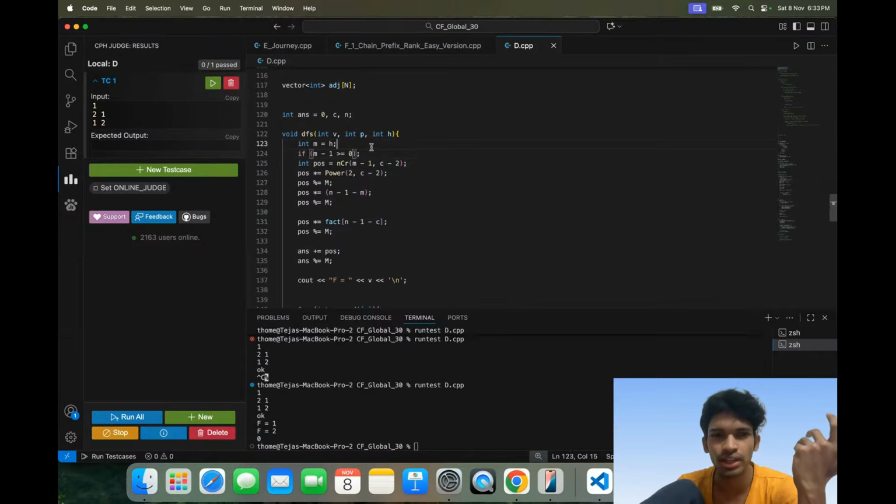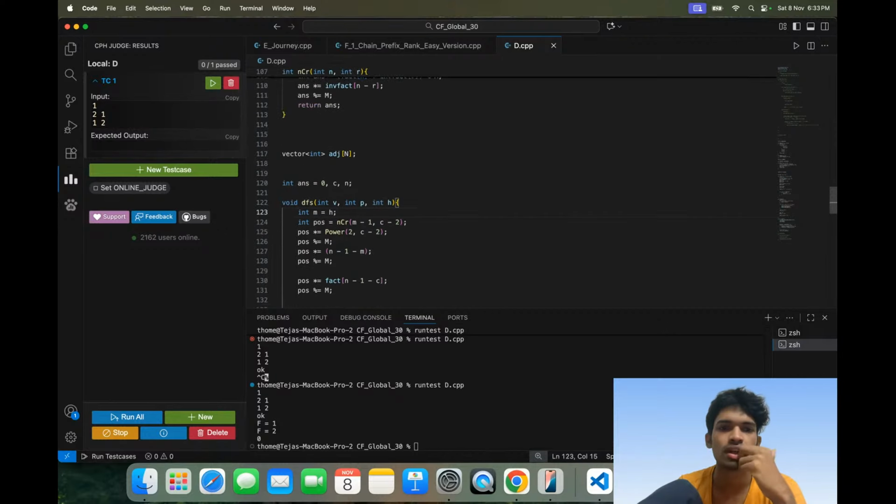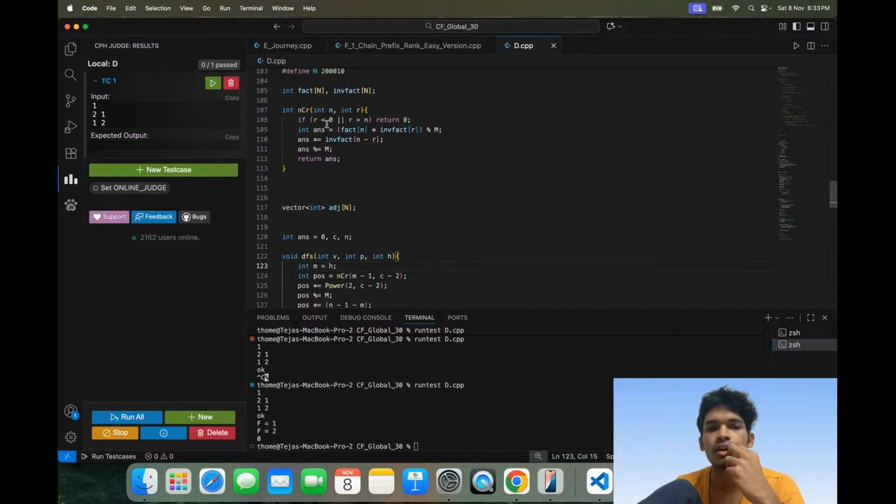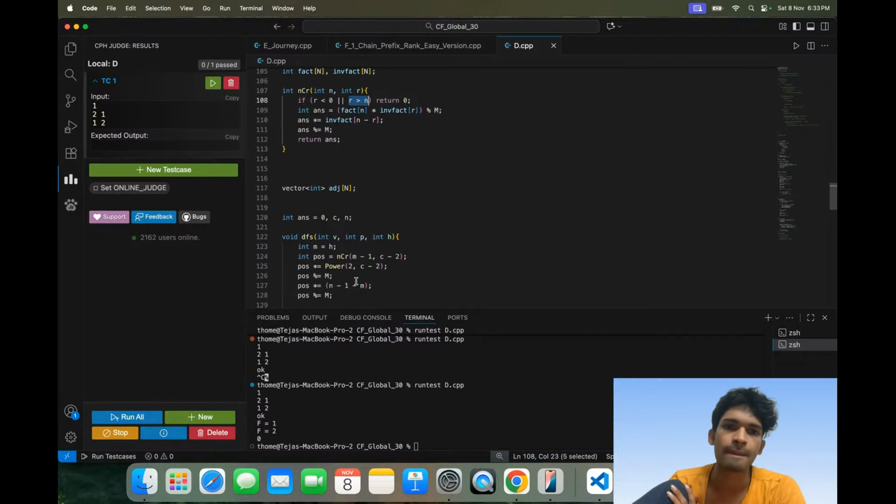I think that's the only case where it's going wrong, because in this case r is negative, which also should be handled by this. In this case n is, r is positive, r is greater than n, so it will return 0.